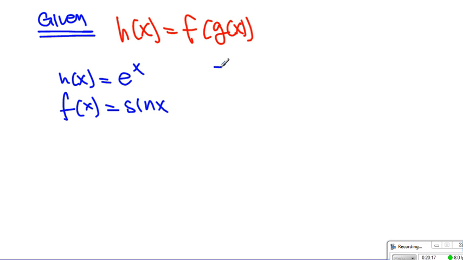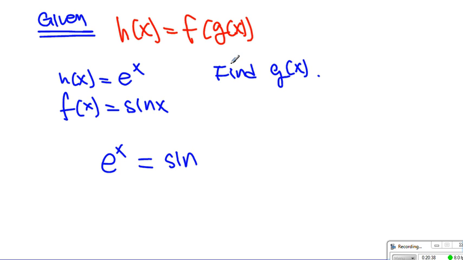And I'm looking for g of x. Now, once again, as we compose with the known expressions, we're going to have e to the x has to be equal to sine of, instead of having x, sine of g of x.